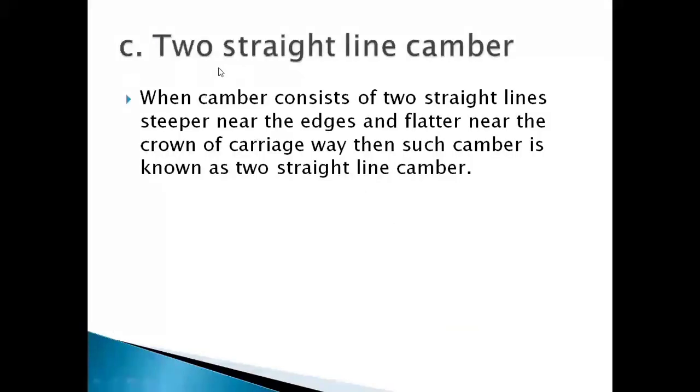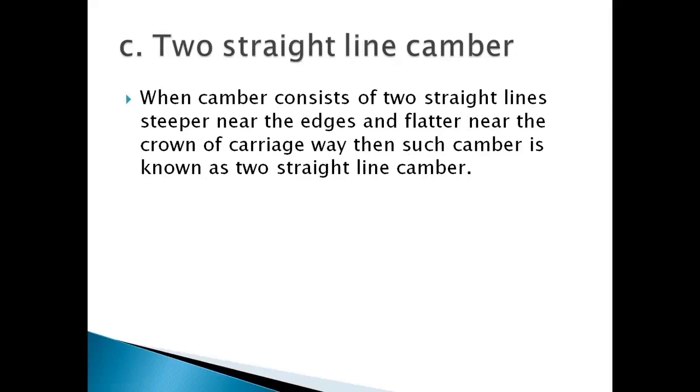Then the next type of camber is two straight line camber. When camber consists of two straight lines, steeper near the edges and flatter near the crown of carriageway, then such camber is known as a two straight line camber. Now see, it has two straight lines.